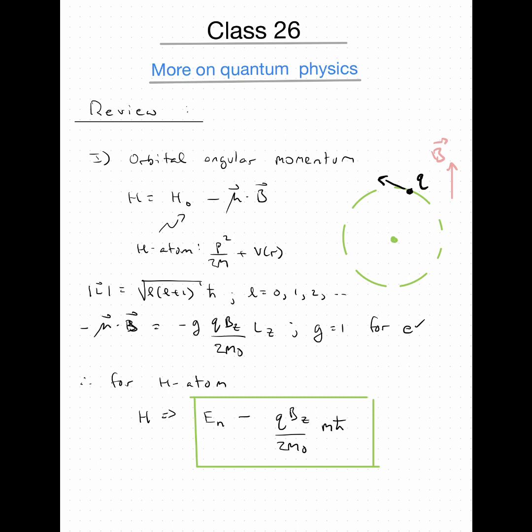We also considered the spin contribution to the Hamiltonian from the intrinsic spin. And let's consider a case where L is equal to 0. So the orbital motion term is quenched. It goes to 0.